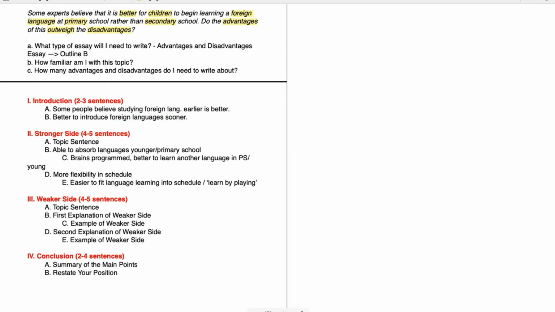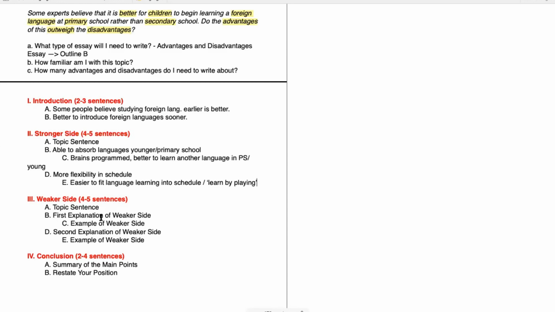Now, personally, I'm a teacher, so I have this information at the ready in my mind because I've studied this and I know that it's an effective way to learn languages. Your outline might look a bit different, and that's fine. As long as you support your advantages and you show how they outweigh the weaker side, you will be fine.